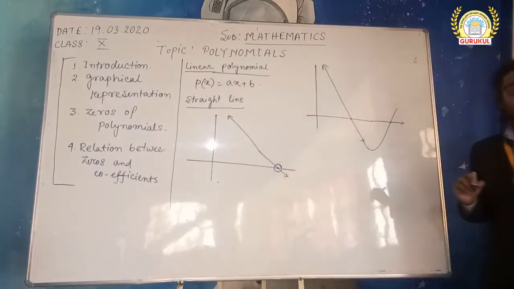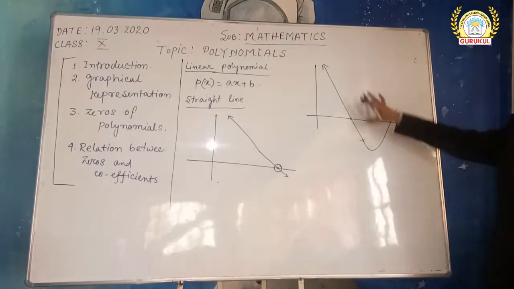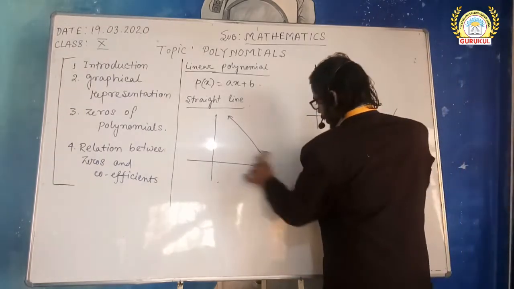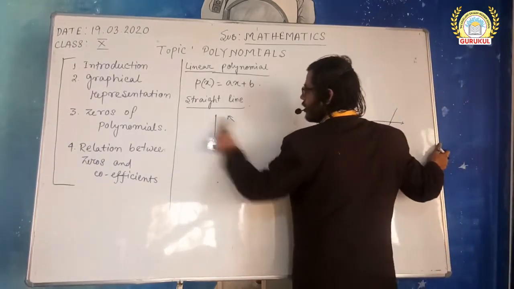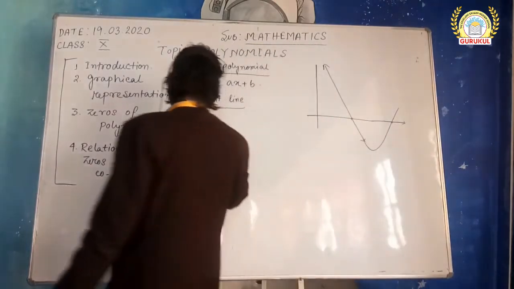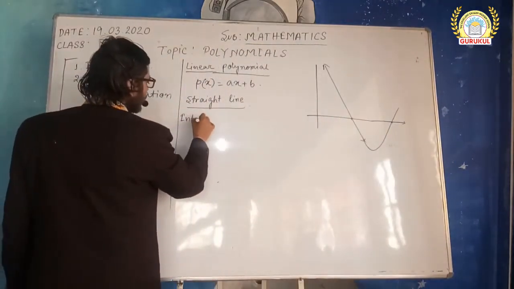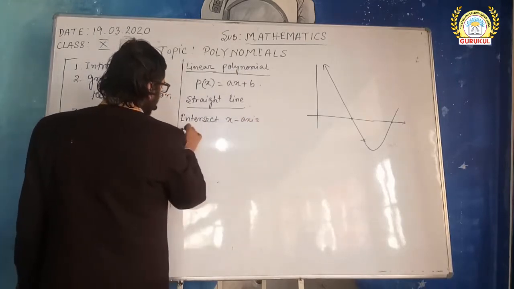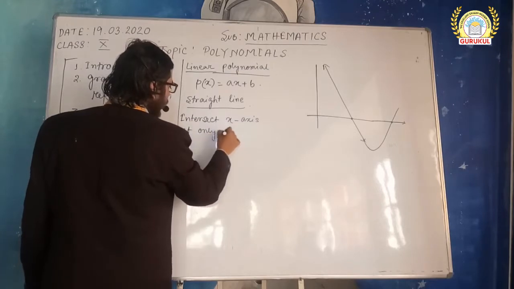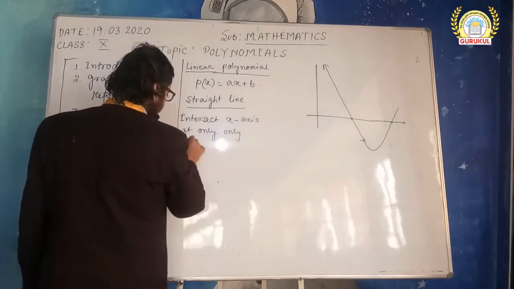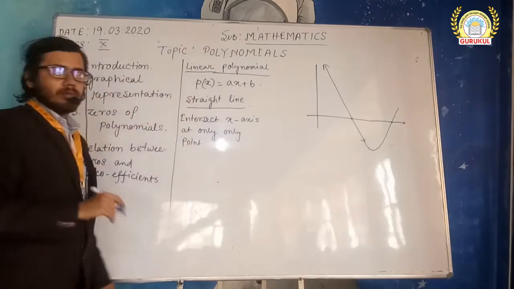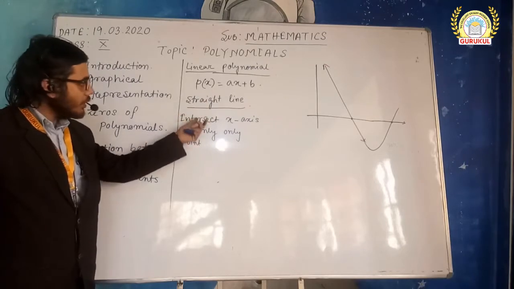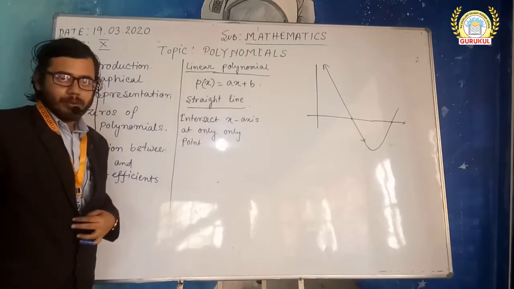I don't think this is a straight line anymore. So that means a straight line intersects the x-axis at only one point. I think that is clear. So a linear polynomial represents a straight line which intersects the x-axis at only one point.